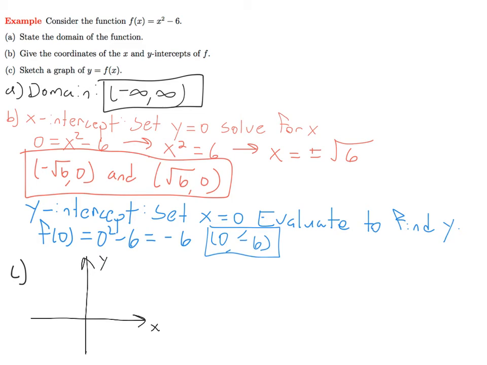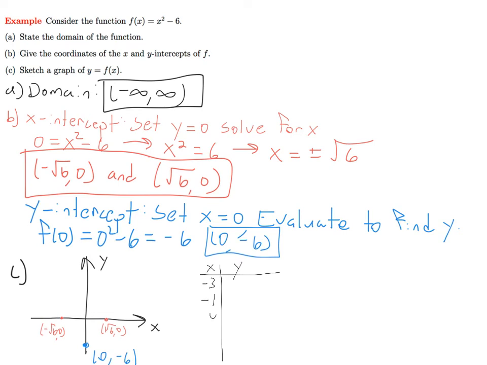And so far we found that we have a y-intercept down here at 0, minus 6, and we have x-intercepts, say, over here and over here at minus square root of 6, 0, and square root of 6, 0. And we could figure out some other points in order to pick up on the pattern to sketch this graph.